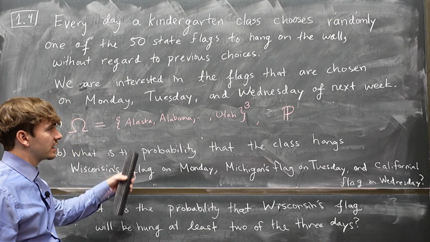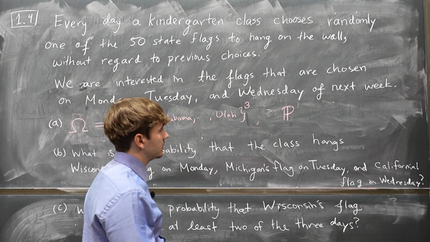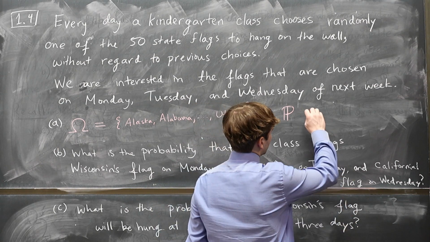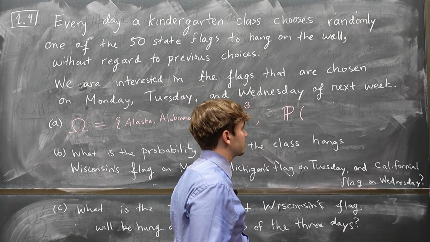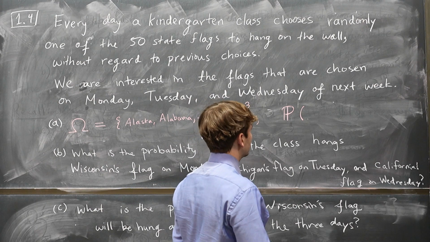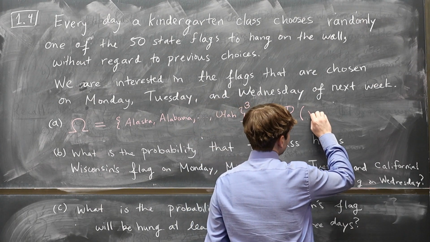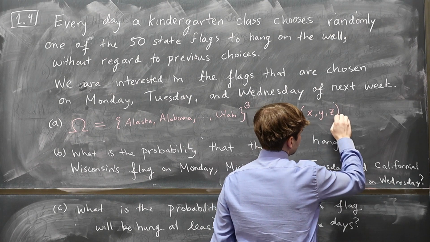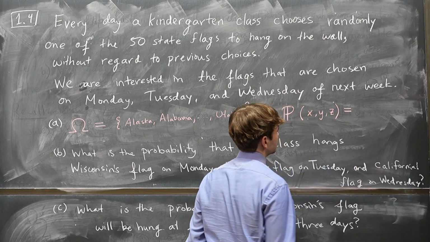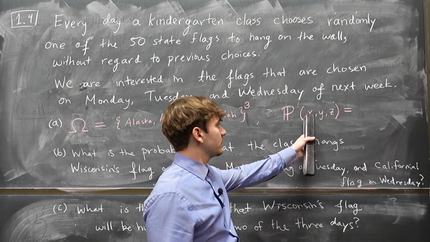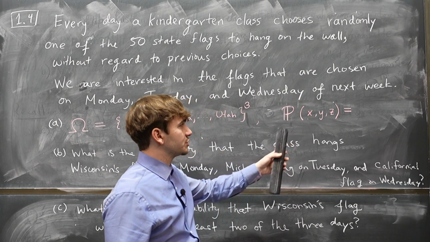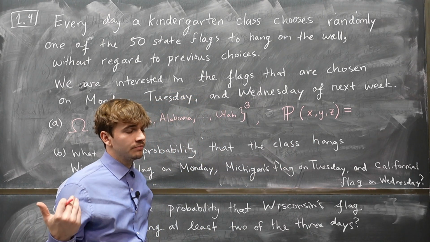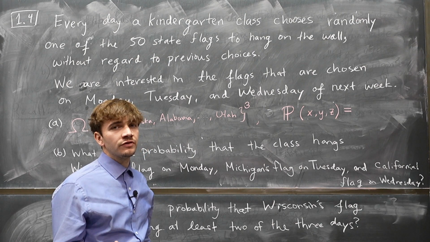Okay? So in this case, our probability measure is going to be uniform, and it's going to assign a certain triplet, let's say x, y, z, a probability. Well, I know the probability of choosing flag x on Monday should be 1 over 50.